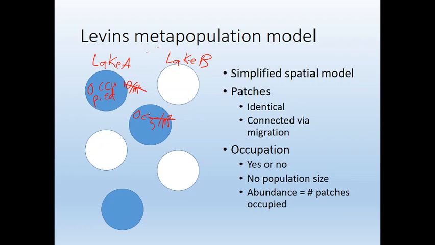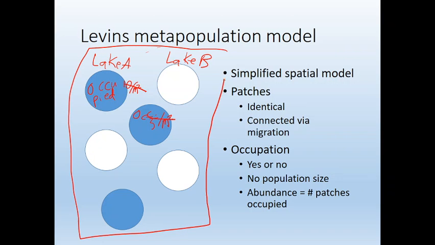So when we think about the abundance in the entire region, we're really thinking about the regional abundance. What we're saying here is just the number of patches occupied, which in this case would equal 3. So we would say that the abundance of this species is 3 out of these 6 different patches.